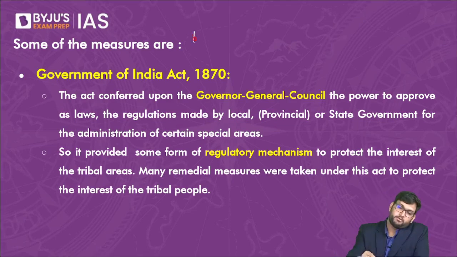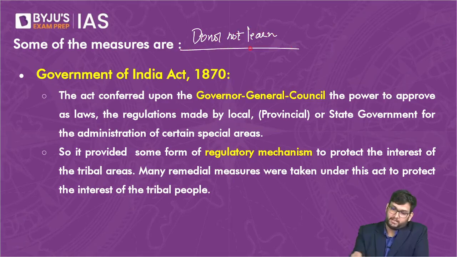If you do not learn, this much I think you can remember. The act conferred upon the Governor General and Council the power to approve as laws regulations made by local provinces, state governments for administration of certain special areas.